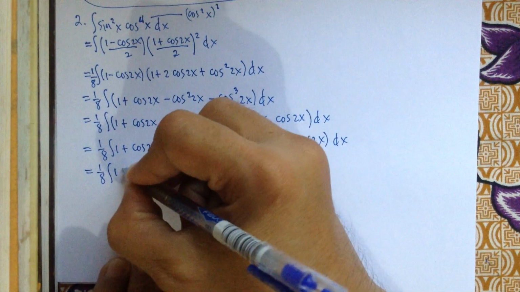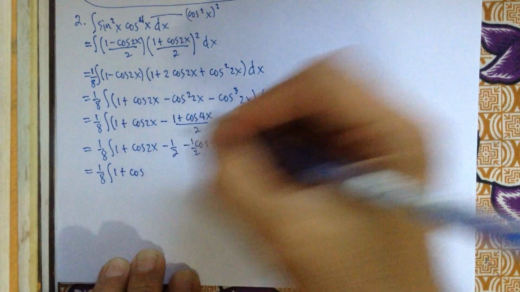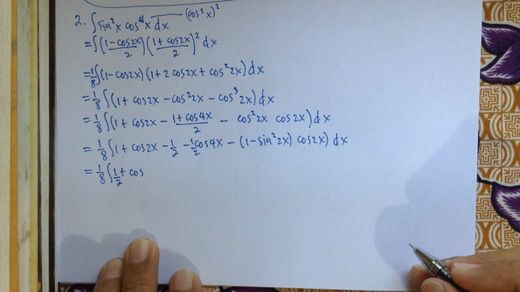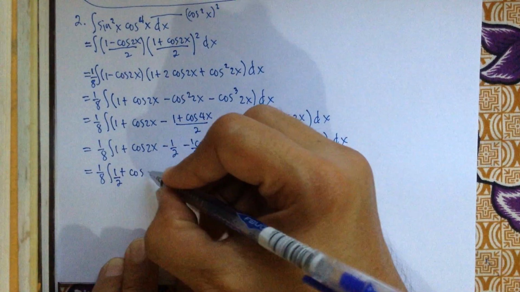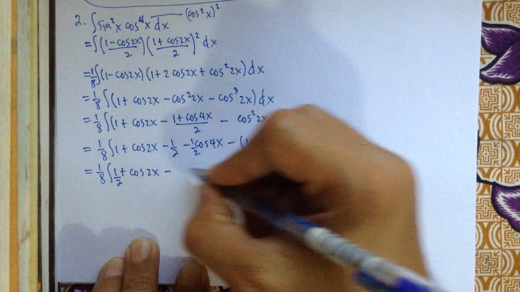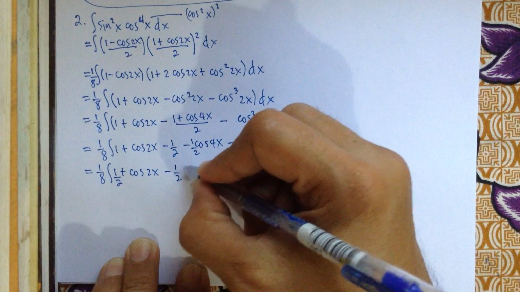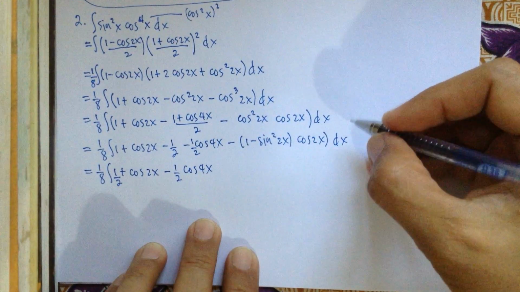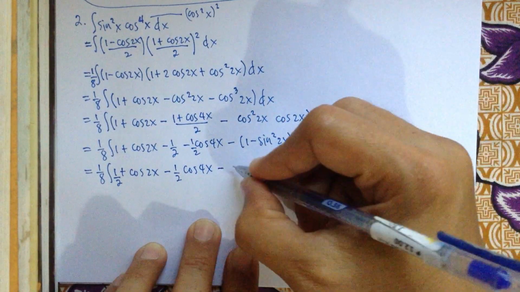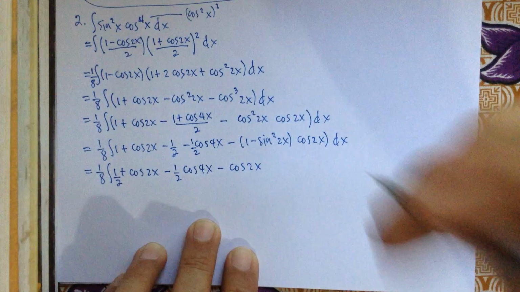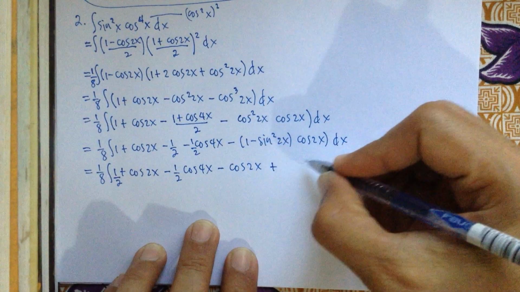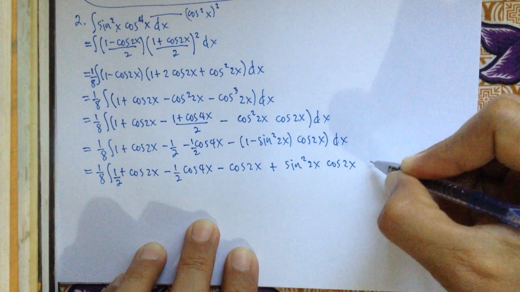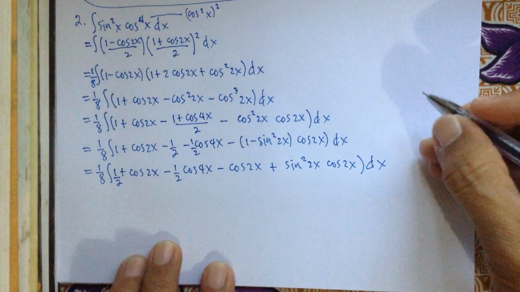Then further we have 1 plus, we can combine this with this, so this will become 1 half, plus cosine 2x, then minus 1 half cosine 4x, then this one is distribute this, so you have minus cosine 2x and this will become plus sine squared 2x cosine 2x, then dx.